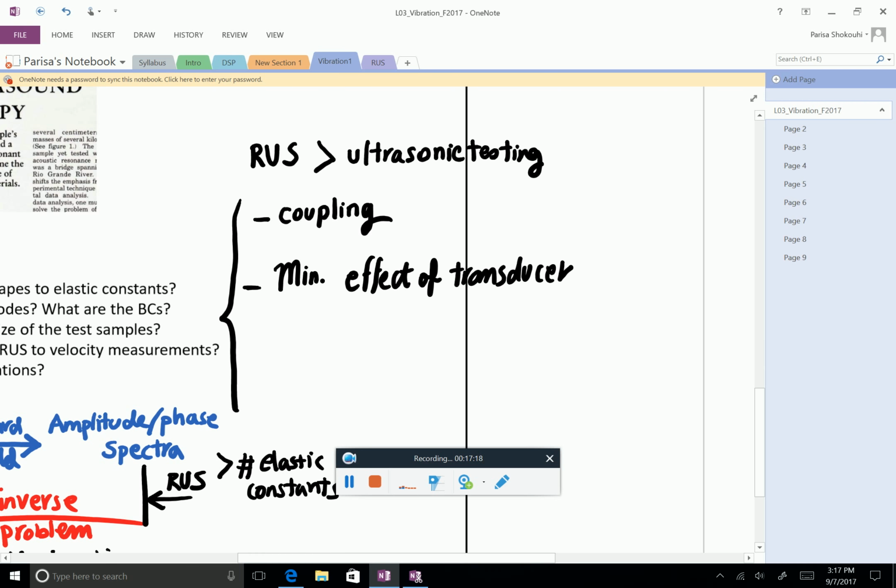He also says something that may not mean much to you right now. He's saying that you use continuous wave excitation, and that is easier to analyze when you have low signal to noise ratio, meaning that your data is very noisy.